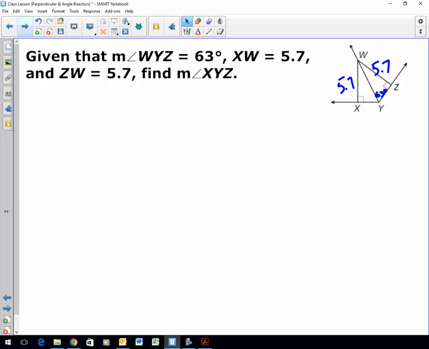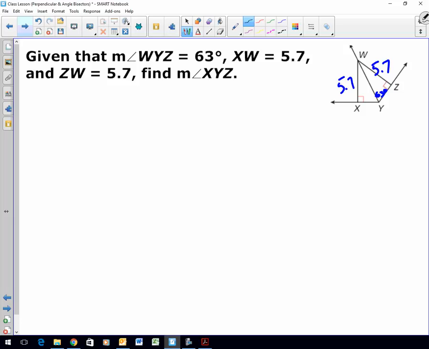Brady, what did you get? How did you get 126? How do you know that they're congruent? Okay, so what you're missing is this.